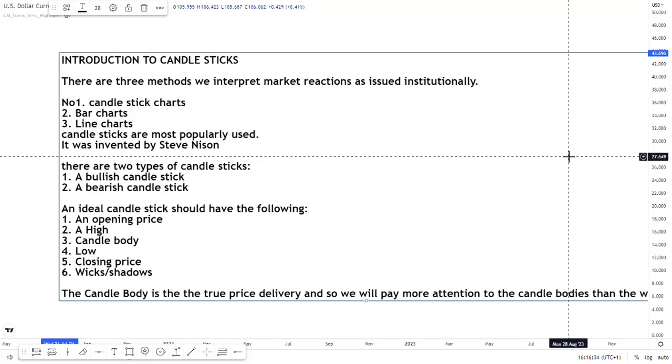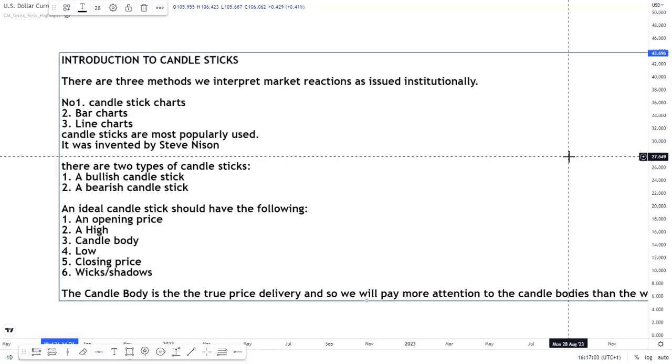Price delivery is algorithmic, and every time you see the candles moving from one point to the other, there is something institutionally driving price in that direction. When I say price, I mean driving the candles in that direction. There's something underlying from the institution that is injecting or inducing price movement from one point to the other.